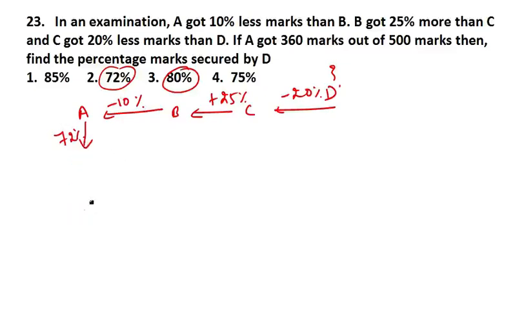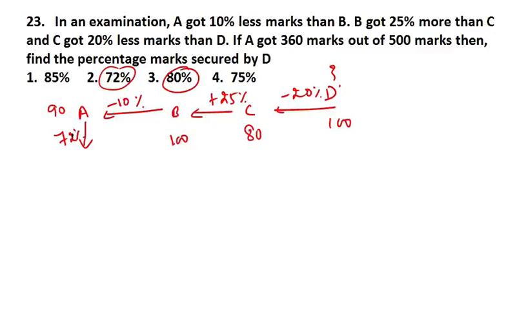So I'll assume D to be 100%, okay. From 100, if you decrease 20%, you get 80. From 80, if you increase 25%, you get 100, okay. And from 100, if you decrease 10%, what do you get? You get 90, okay.